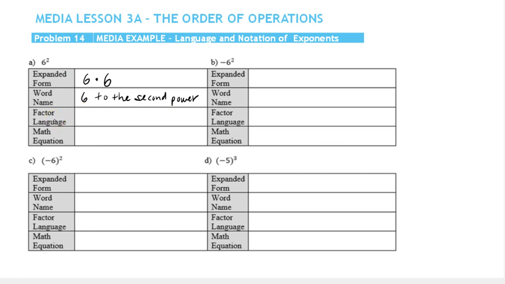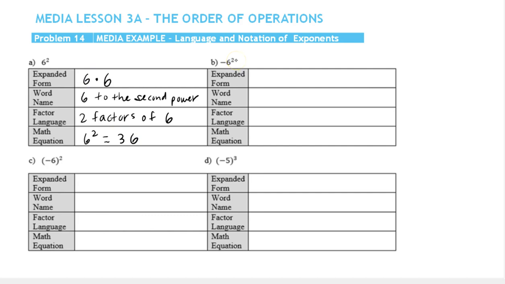In factor language, we are saying that this is 2 factors of 6. So notice this seems a little bit reversed compared to the problem because the 2 is up high. You see the 6 is first on the left, but this is what this represents. This is the number of factors of 6 we are taking. And as a math equation, we're just going to write the original expression, and it's an equation because we're writing what it's going to equal, and 6 times 6 is 36.